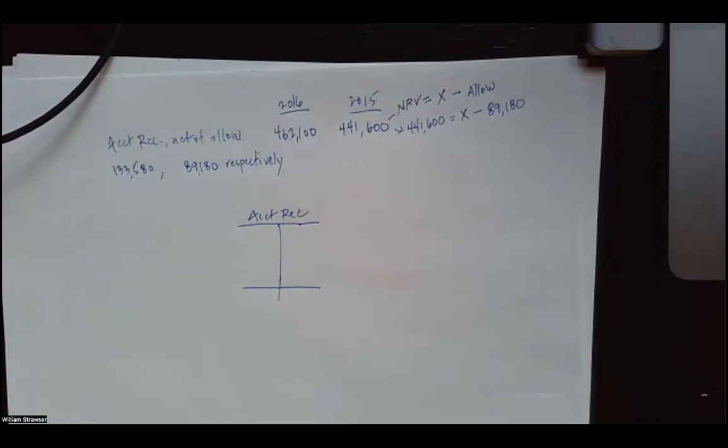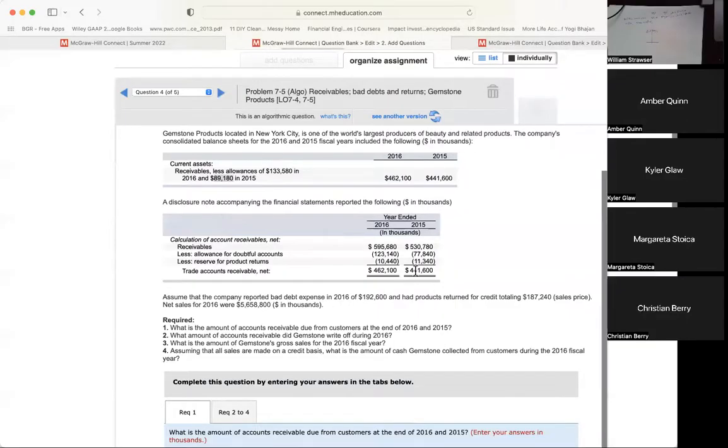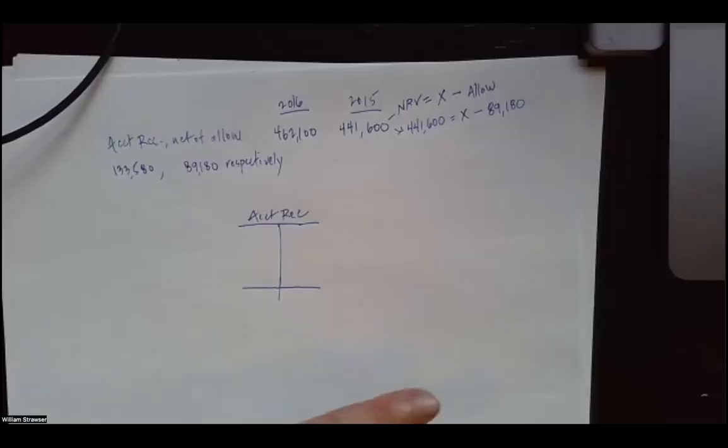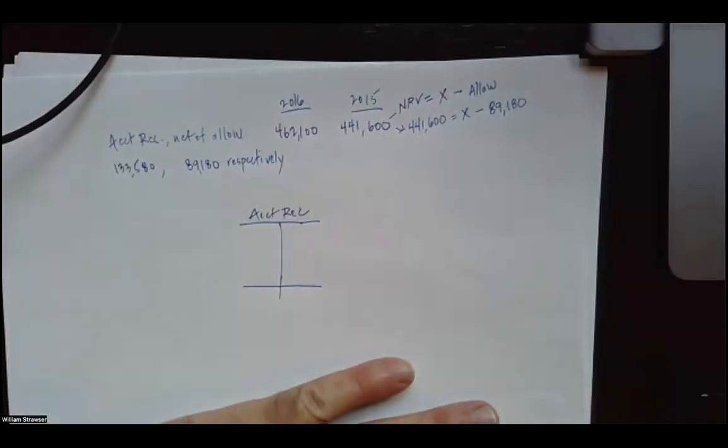It's done for me in that disclosure note that I showed you, because essentially what they're doing with that disclosure note, I'll go back to that screen here for just a moment, is just taking the 441,600, and then if you added back 11,340, added back 77,840, you will get the answer, which is 530,780. But I'm just going to do it on my equation so that we're not depending on that necessarily.